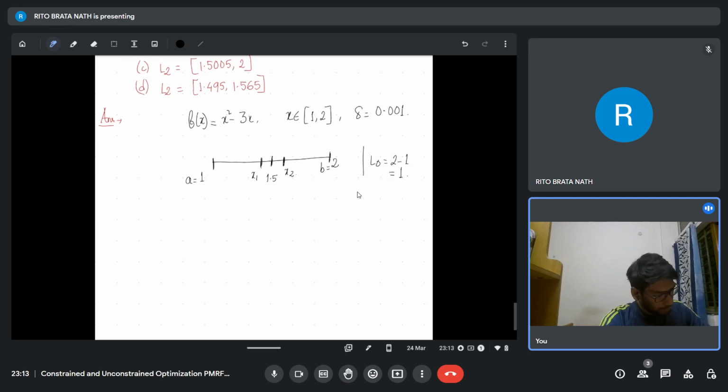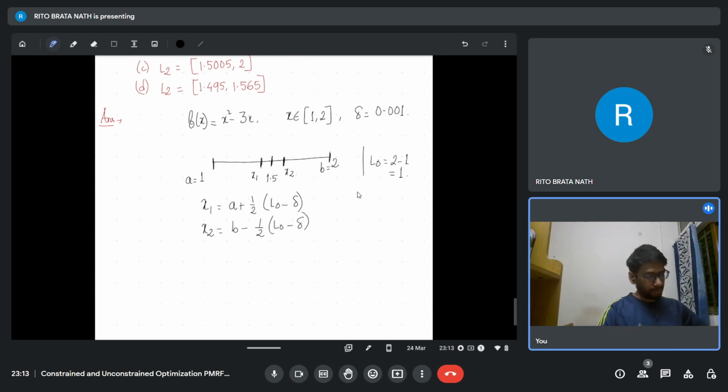So what you can write is, x1 is a plus half of L naught, which was the length, minus delta, and x2 is b minus half L naught minus delta. The values are given.